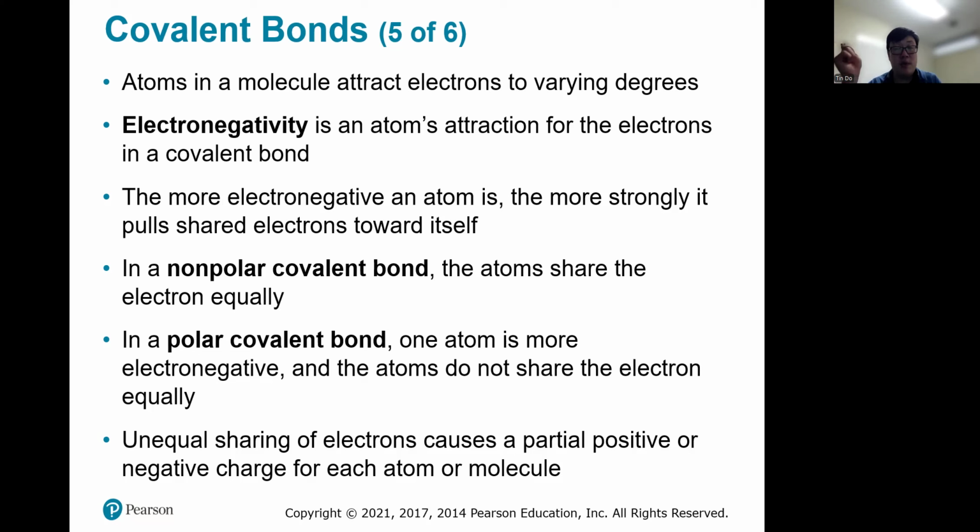The reason is that we have a lot of protons inside the nucleus of that atom, and those protons are highly attracted to the negative charge of the electrons. So as you get closer to fluorine or oxygen, you're going to have a very strong attraction to electrons.